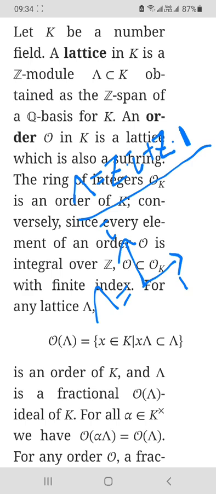There are many different lambdas, but one of them is Z times 1 plus Z times I.